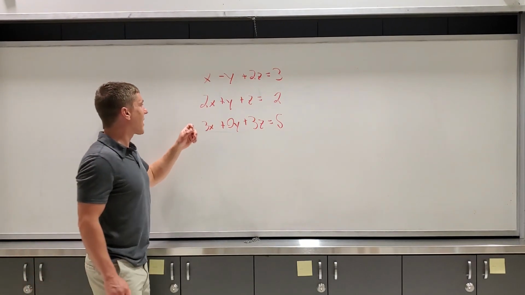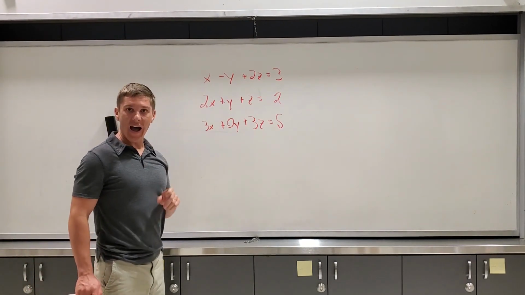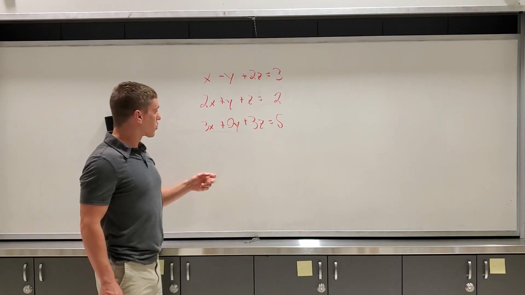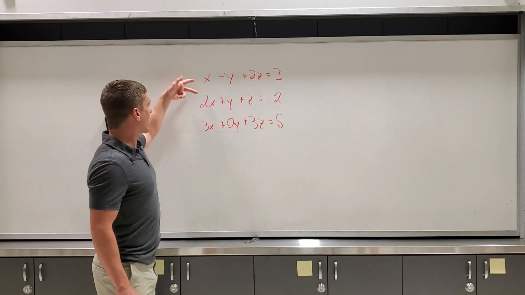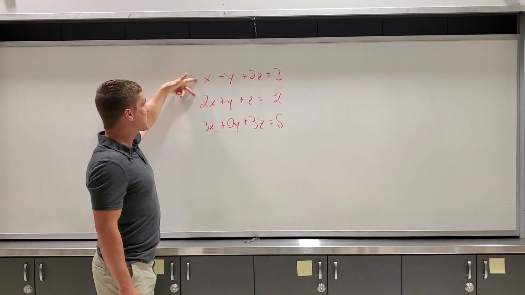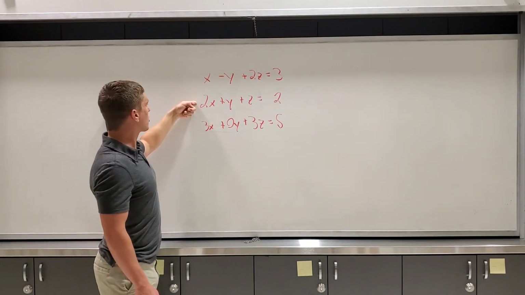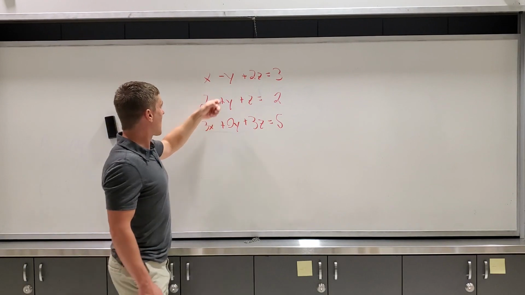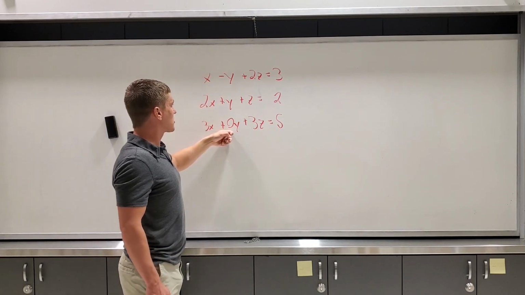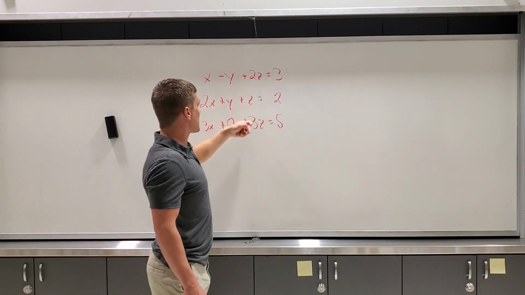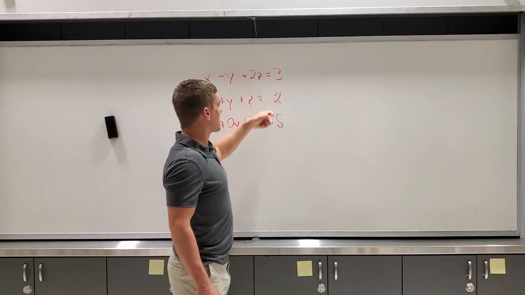So you would think to yourself, okay, I have 3 equations, I have 3 unknowns. But what's really happening here is I took these first 2 equations and I added them together to generate my third equation. So 2x plus x is 3x, negative y plus y is 0y, 2z plus z is 3z, 3 plus 2 is 5.